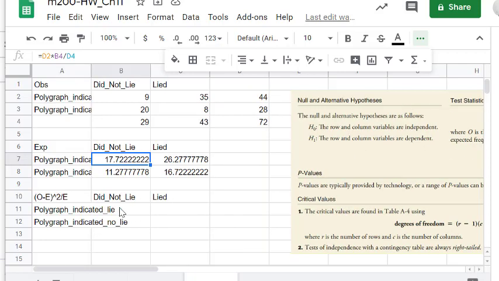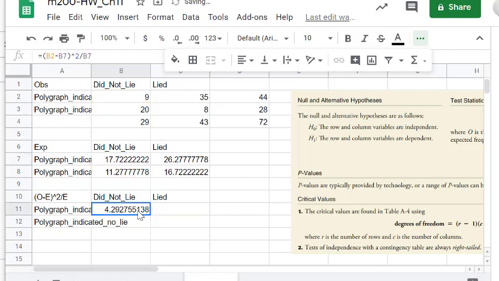At least that's the formula for each of these cells, and then we're going to add them all up. Okay, so we'll say equals. It's going to start with a parentheses, the observed value minus the expected value, close the parentheses, square that, and then divide by the expected value again.